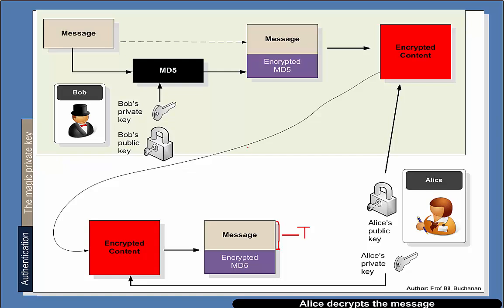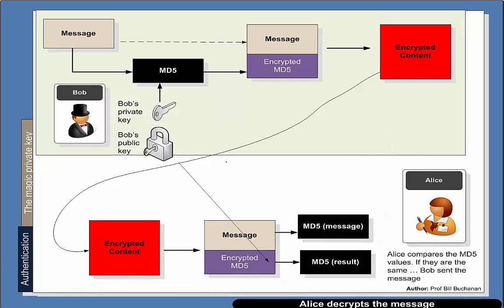But how does she know that it was really Bob that sent the message? Well, the only key that will unlock this little encrypted content, can you think which one? Actually, we encrypted it with his private key, so it's Bob's public key. So Alice does a quick check on the message to find out the fingerprint on it. She then decrypts the encrypted content with Bob's public key.